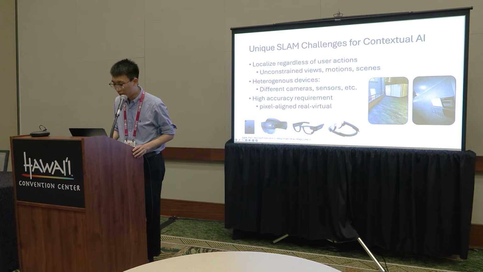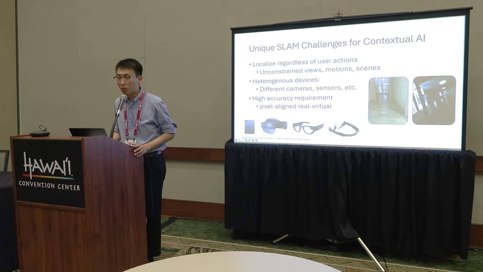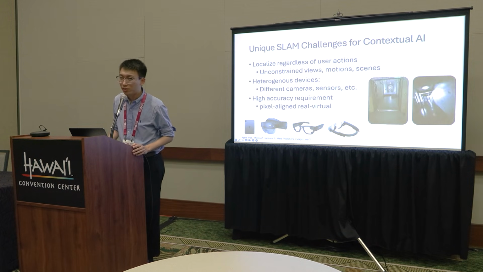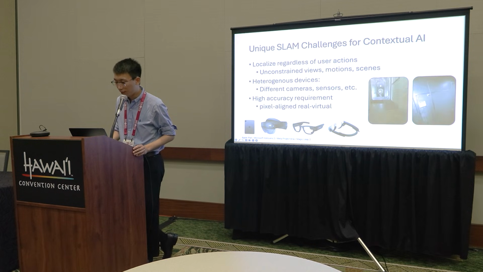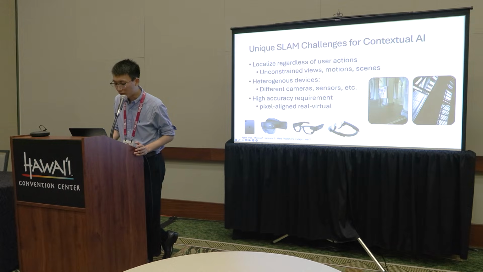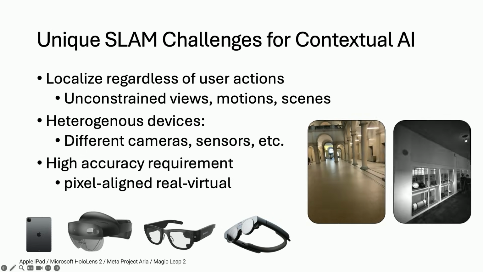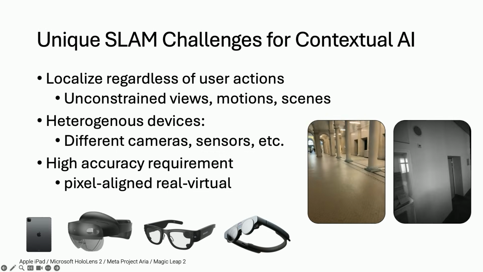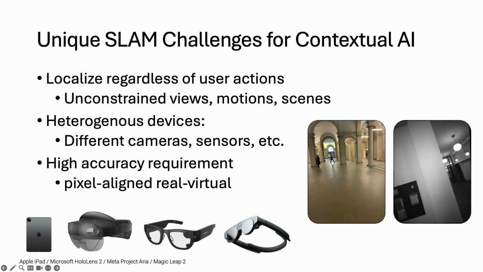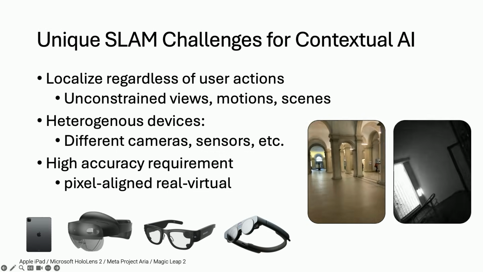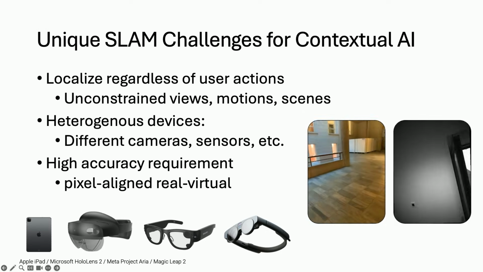In real world scenarios of contextual AI, the user's motion is generally unpredictable. They can move fast, look anywhere, or even block the camera, and the SLAM system has to stay stable through all of that. This set of unconstrained views and motion can make the SLAM data particularly challenging.